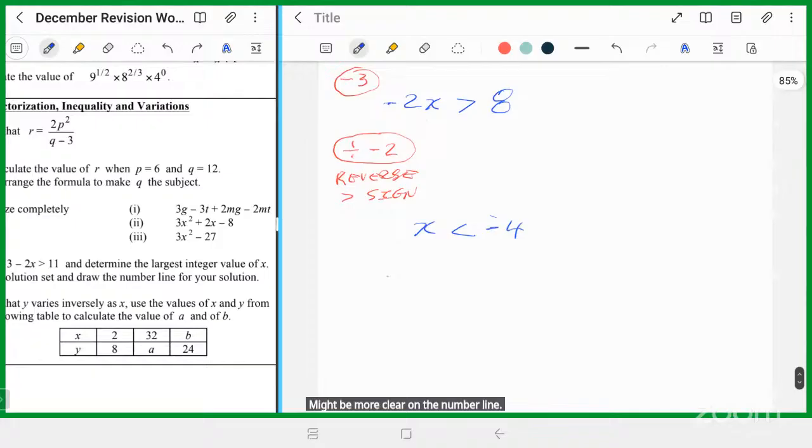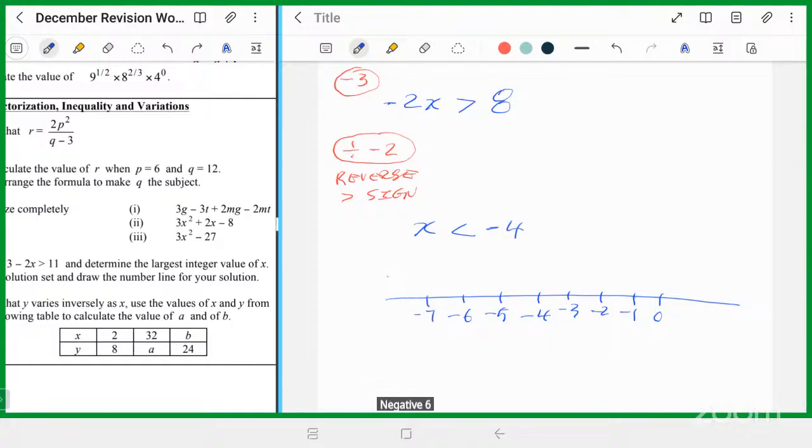If I were to show this on the number line, right? Like this. So I'm going to put 0 up here, negative 1, negative 2, negative 3, negative 4, negative 5, negative 6, negative 7. All right, so I'm putting this on a number line.